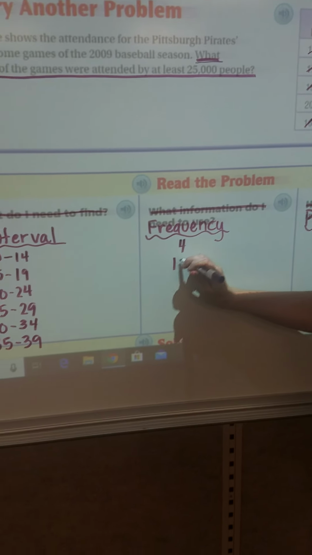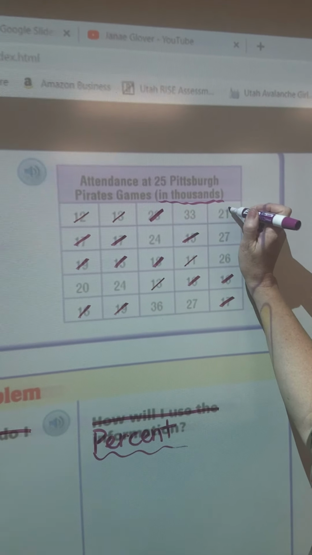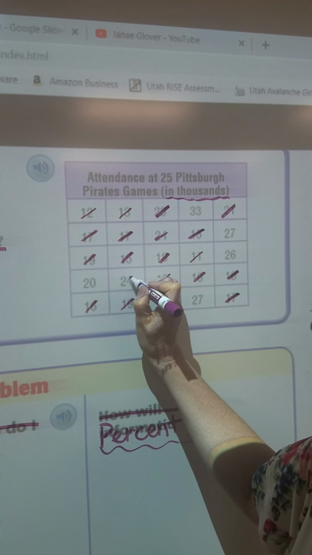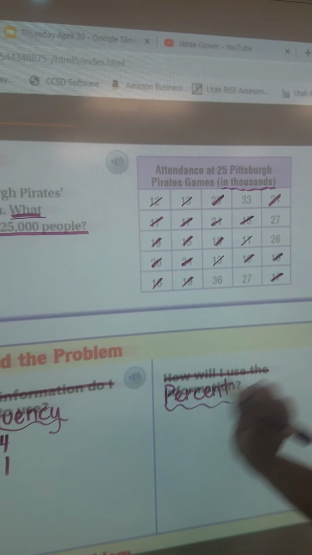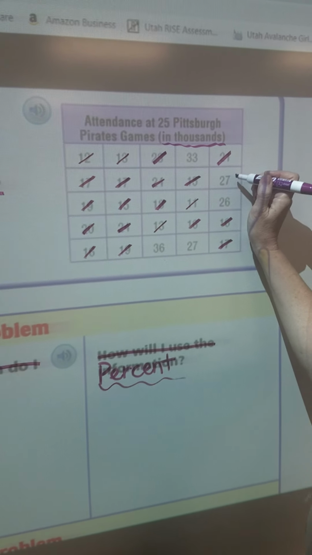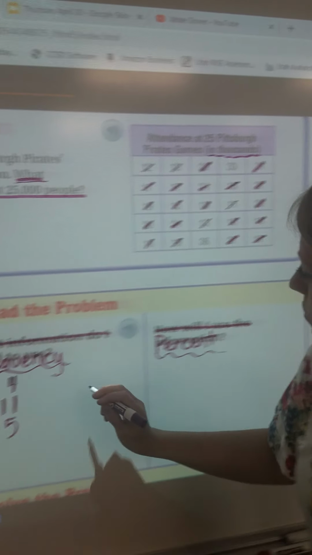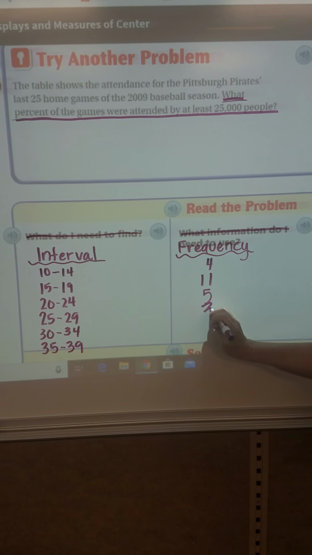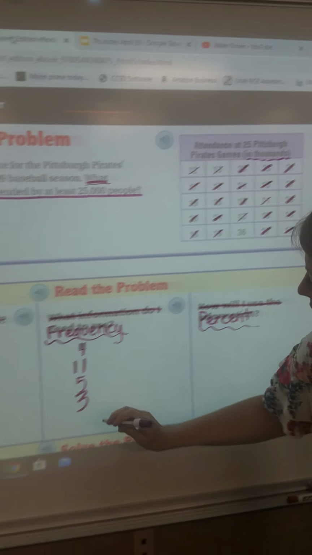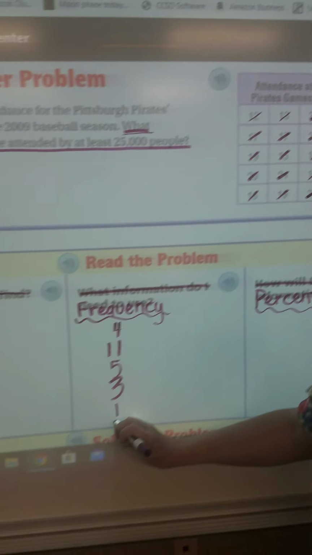So 11 in my next interval. 20 to 24 is 1, 2, 3, 4, 5. 25 to 29 is 1, 2, 3. 30 to 34 is 1, and 35 to 39 is also 1.